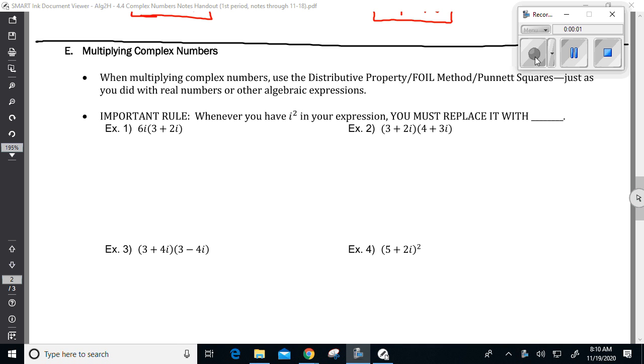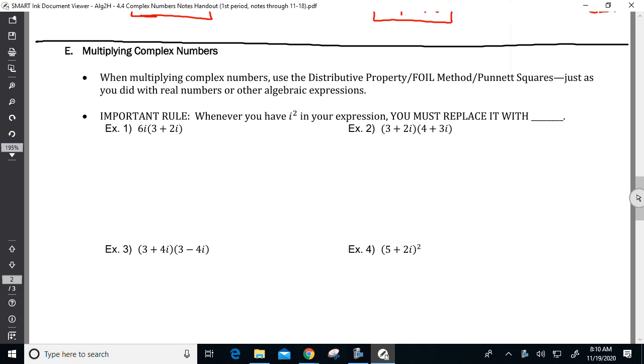So, adding and subtracting uses combining like terms, or distributing the negative and then combining like terms. Multiplying complex numbers involves the distributive property, FOIL, or Punnett squares if you're using Punnett squares.